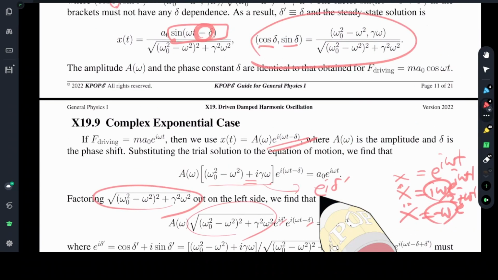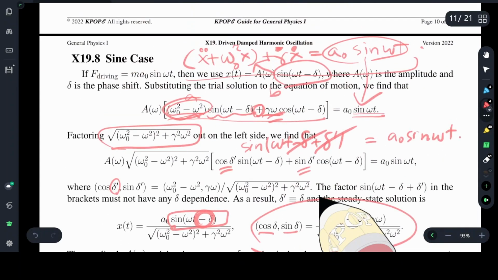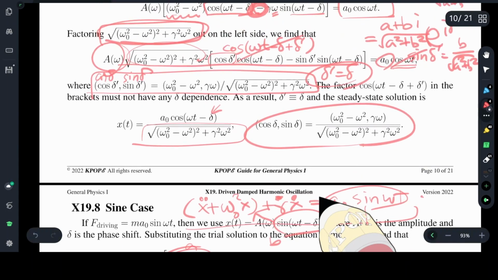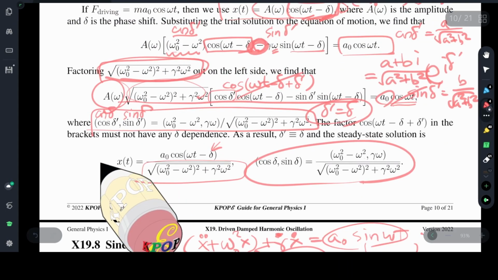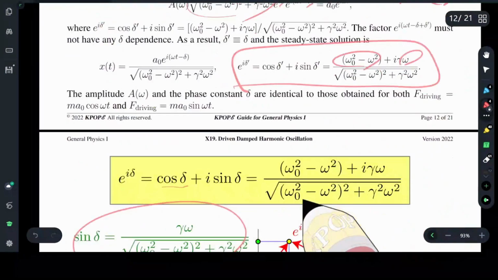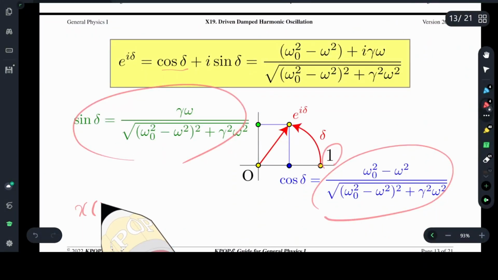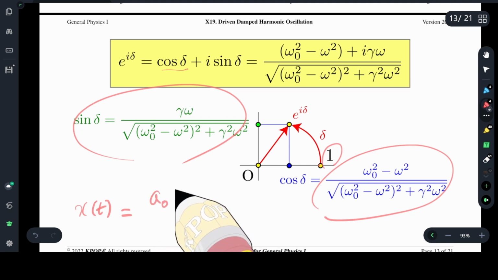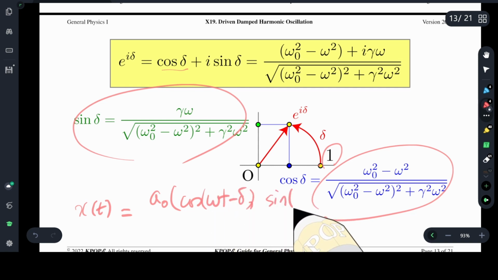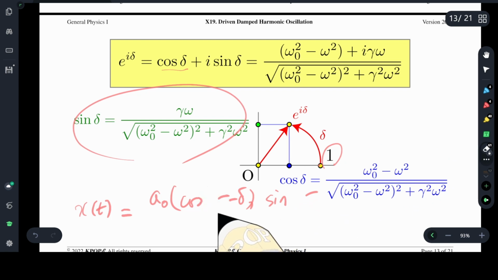So as a result, what we have found is x of t is a0 cosine of omega t minus delta, or sine of omega t minus delta. Omega, not omega 0. Omega is for the driving frequency.